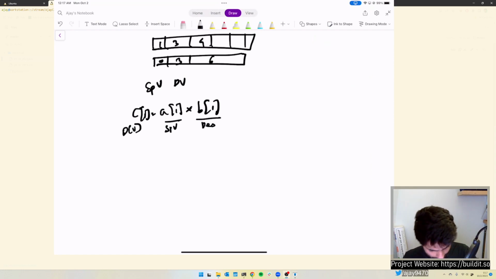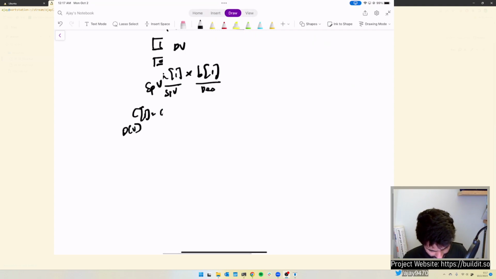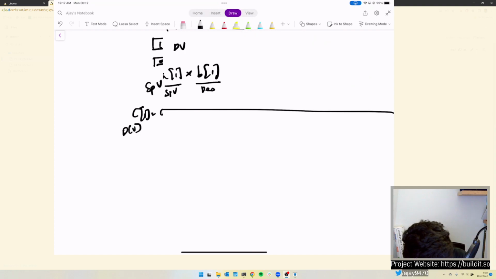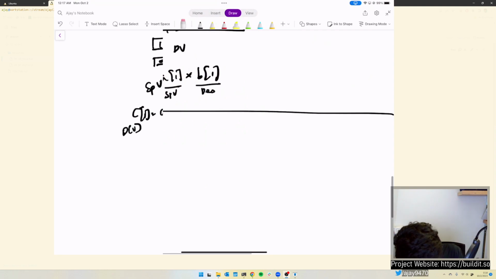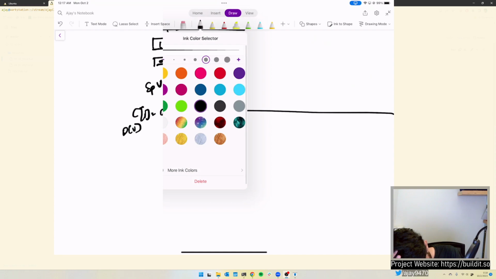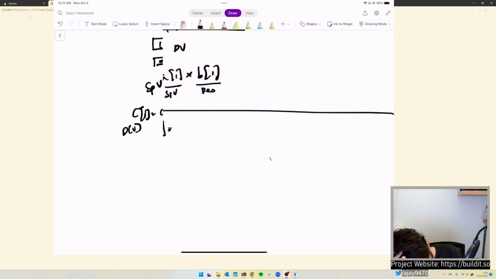All right, so let's talk about the next kernel, which is SPMV, and how this also has similar sparsity issues. So the kernel looks like this. We have C of i equals A of i, j times B of j.